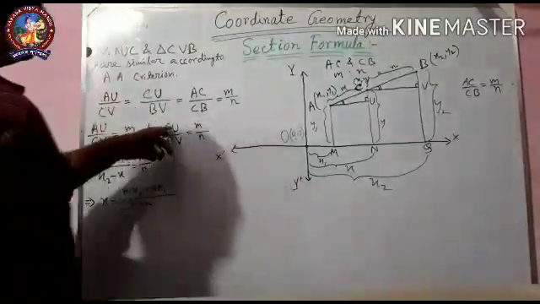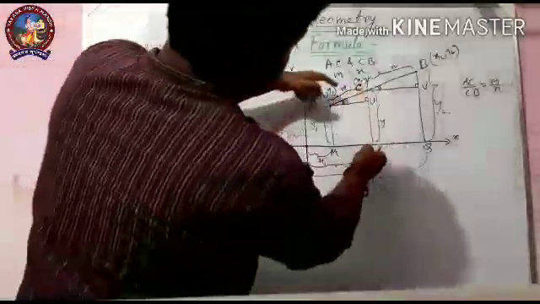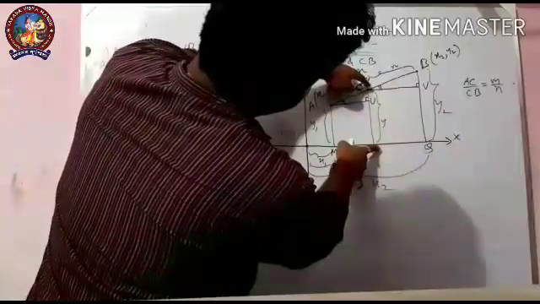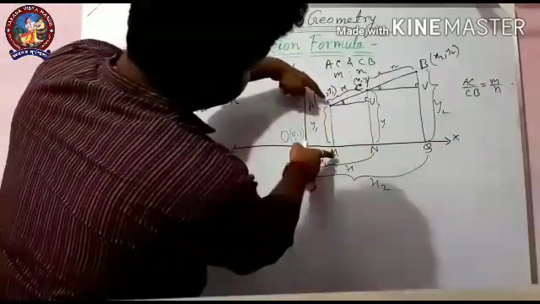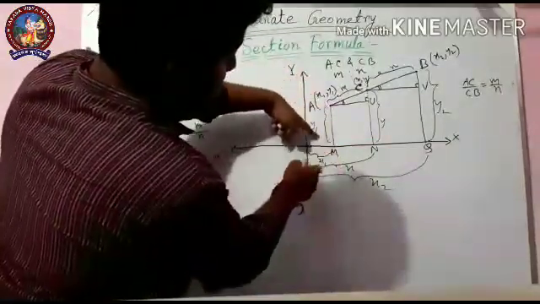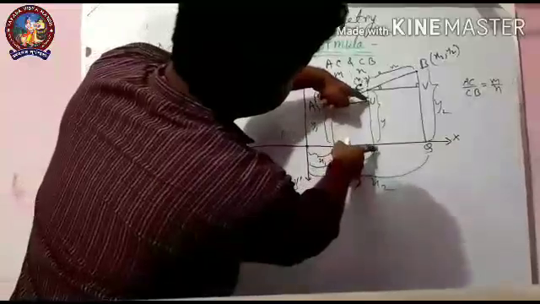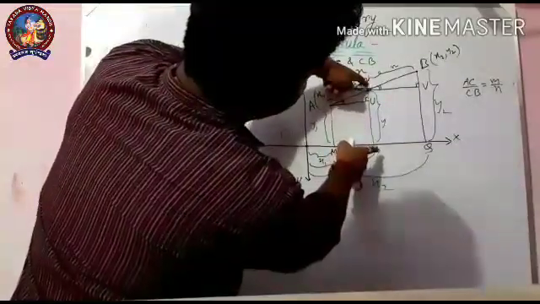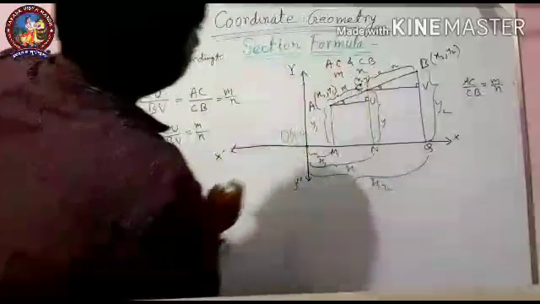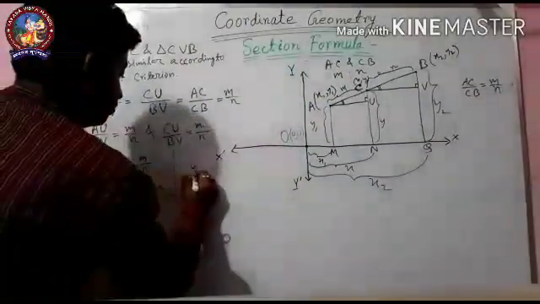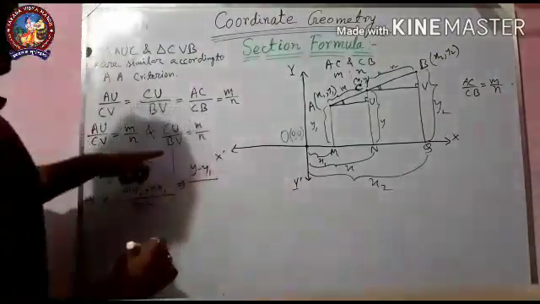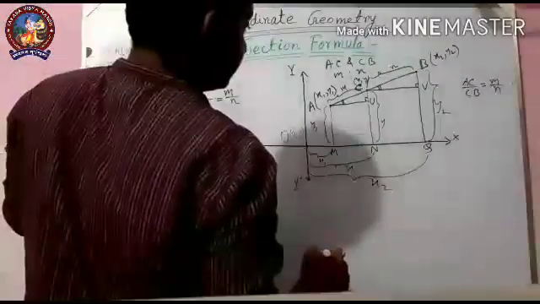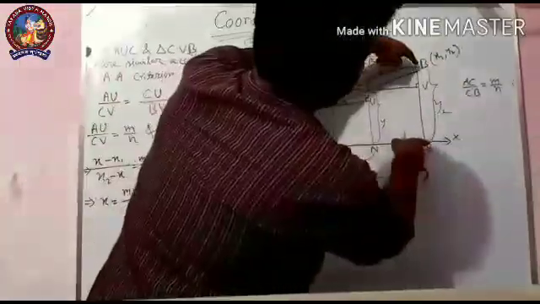Similarly, if we put the value of CU, this total length is y and this much length is equal to the length of line segment AM. This is y1. This is also y1. So y minus y1 is the length of CU, divided by the length of line segment BV, that is y2 minus y.